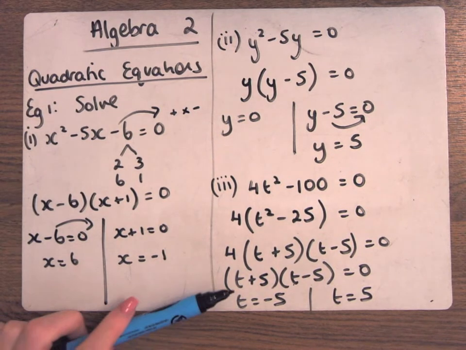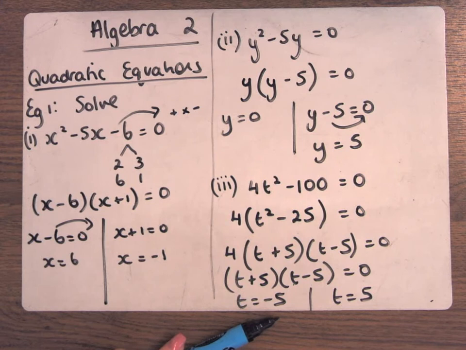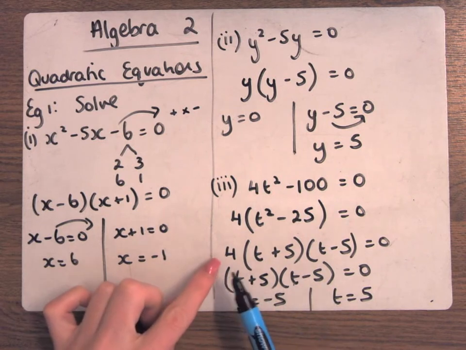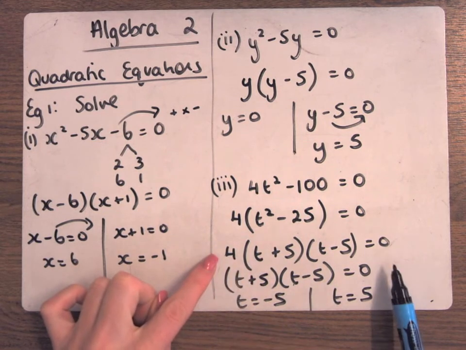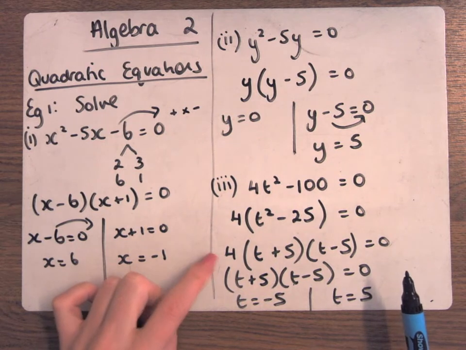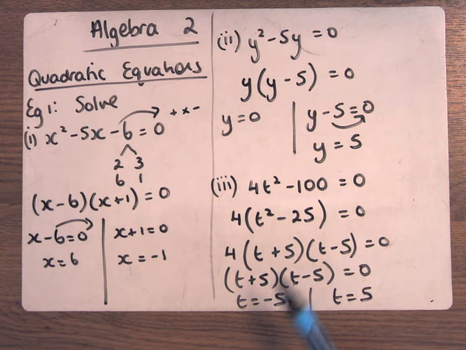So t plus 5 is 0, so bring the plus 5 over, becomes a minus 5. And t minus 5 is 0, minus 5 comes over, becomes plus 5. The 4, you can either divide both sides by 4, or the 4 is at the top of this side so it goes to the bottom of the other, and 0 divided by 4 is still just 0. Okay, if ever you have a constant like that, it just disappears.